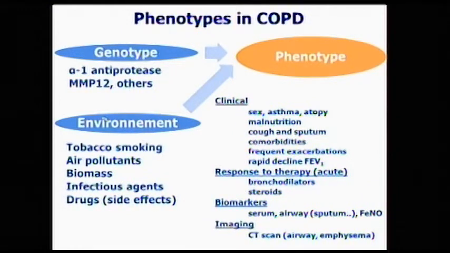From the environmental exposure, we get tobacco smoking, air pollutants, which may have changed a lot over the past 50 years, biomass exposure, which may be responsible for COPD in non-smokers, especially in women in the developing world, infectious agents such as tuberculosis, and we should never forget that we also have treatment, the side effects of treatments, for example, it's obvious for oral steroids, that it induces changes in phenotypes.